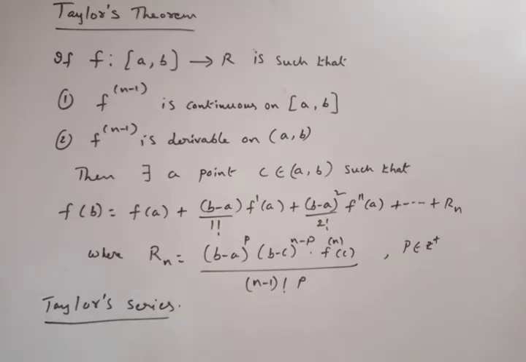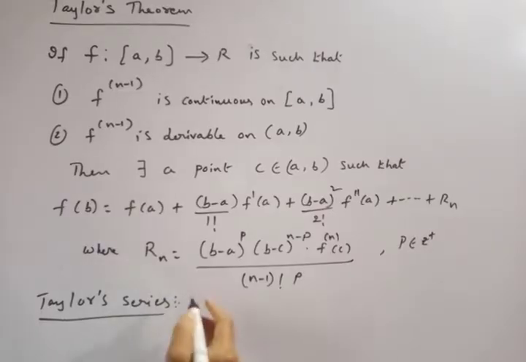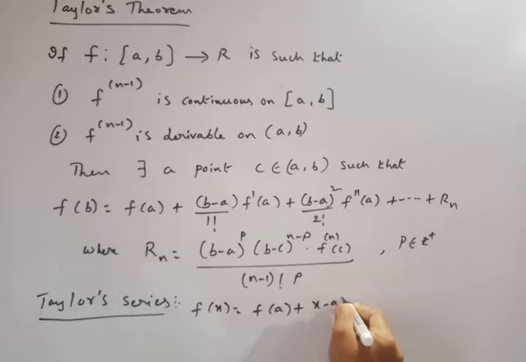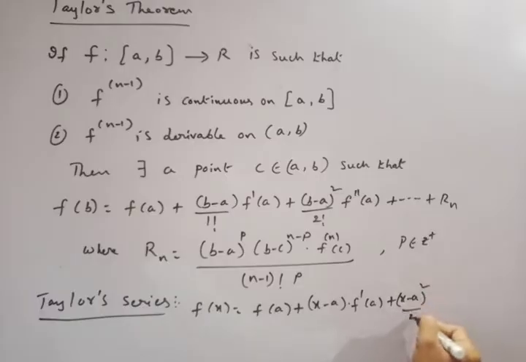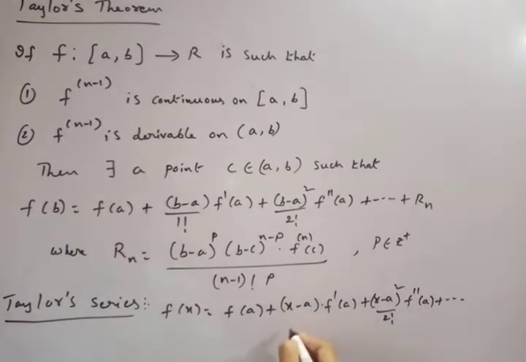Taylor series expansion about x is equal to a is defined as: f of x is equal to f of a plus (x minus a) into f dash of a plus (x minus a) whole square by 2 factorial f double dash of a plus so on, plus (x minus a) whole power n by n factorial f power n of a plus so on.